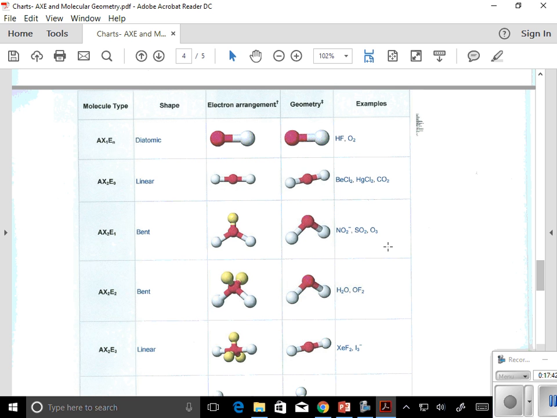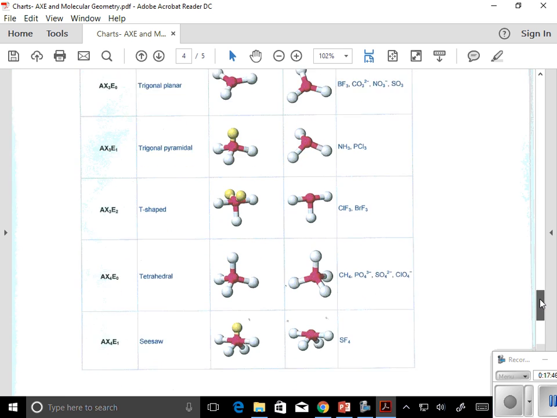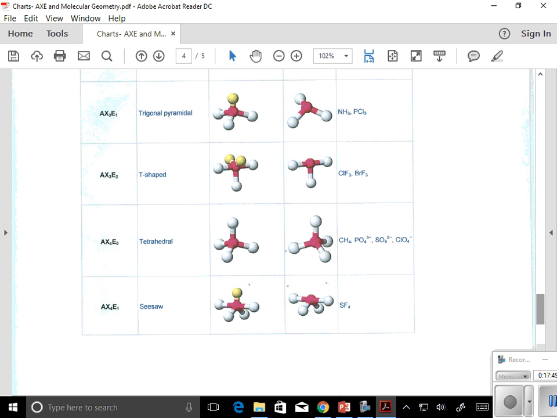As I come down, I don't have it on here yet. Let me get down here a little bit. Right here. AX4, even though you can't read it, I'm sure, you can look at your packet: tetrahedral. It even gives us some examples of tetrahedral ones. Now, what does this mean? Well, this tells us, number one, that the shape is tetrahedral.